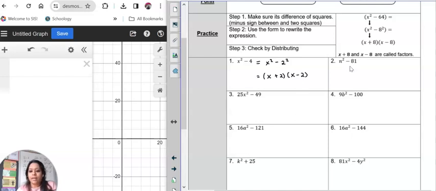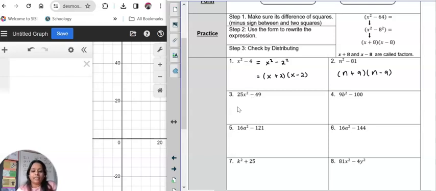Same thing here. I know 81 is a perfect square, so I can factor this out to say n plus 9, because the square root of 81 is 9, and then n minus 9. Here, I can go ahead and use the formula because 25 is a perfect square and negative 49 is also a perfect square, and it's being subtracted.